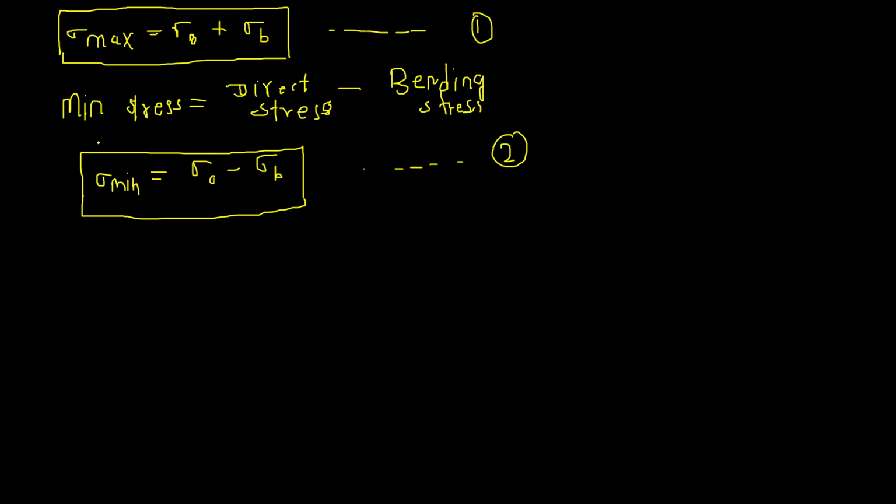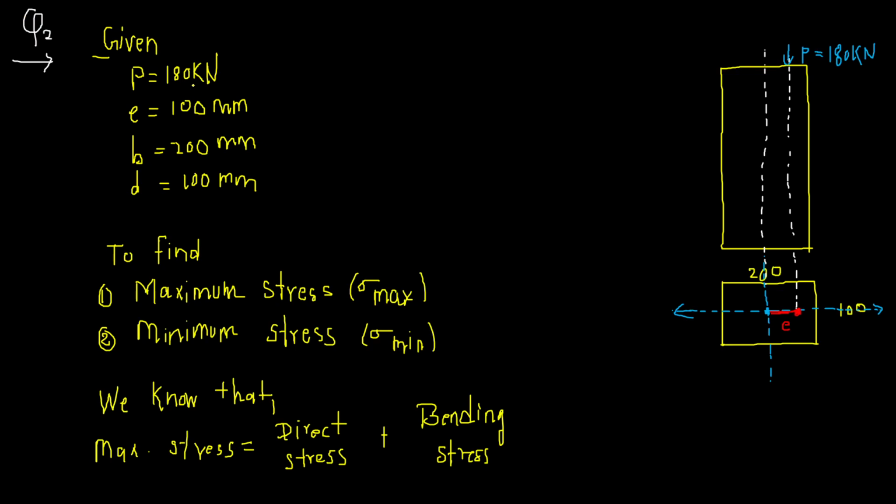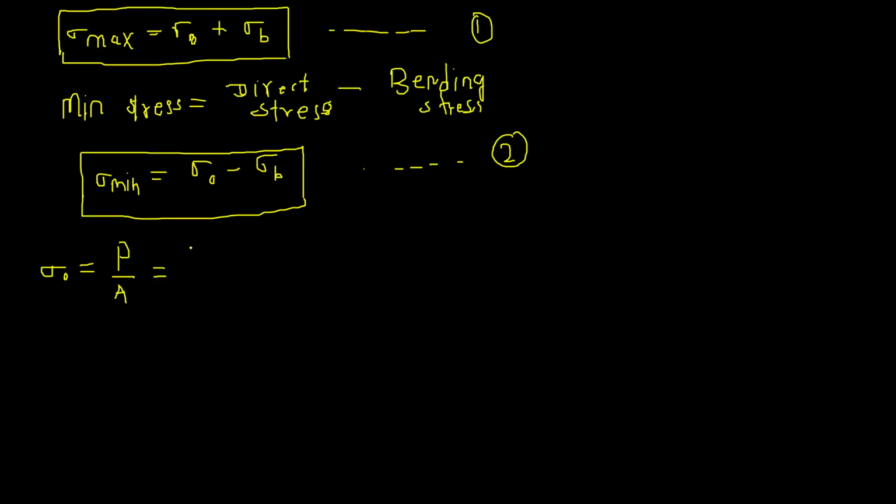We have to find sigma max and sigma min. So first we will find out individually what the value of sigma naught is. Sigma naught is equal to force P divided by area. Direct stress is equal to force divided by area. What is the value of force P? 180 kilonewton. So 180 kilonewton, and as kilo means 1000, so 10 to the power 3, divided by area.